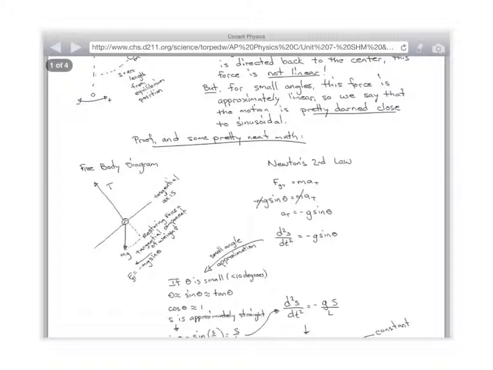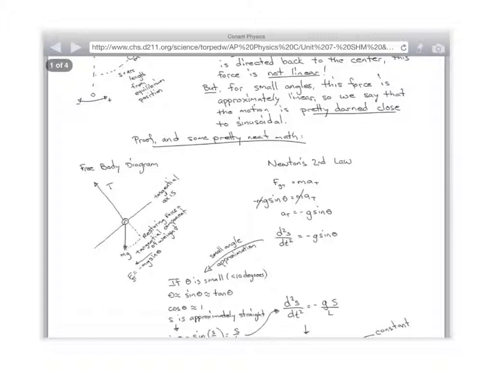So for small angles, if theta is small, which is less than approximately 10 degrees, or 0.1 radians, it gets less and less accurate the bigger the angle is.